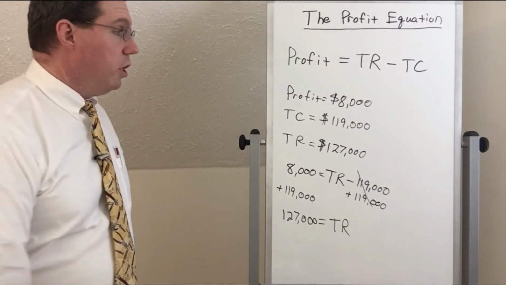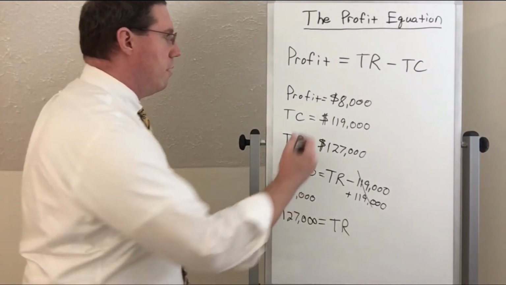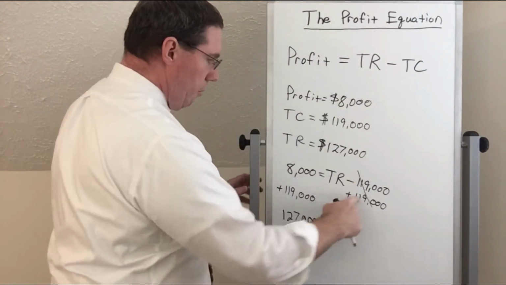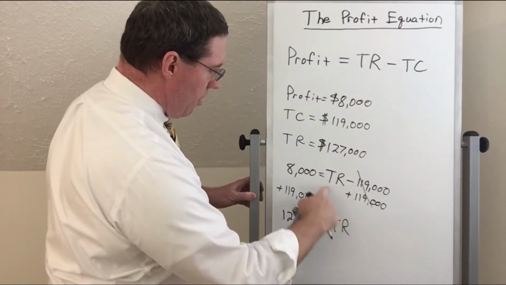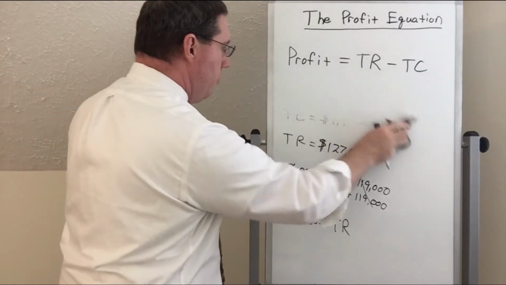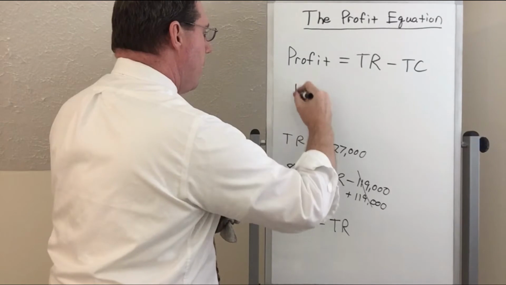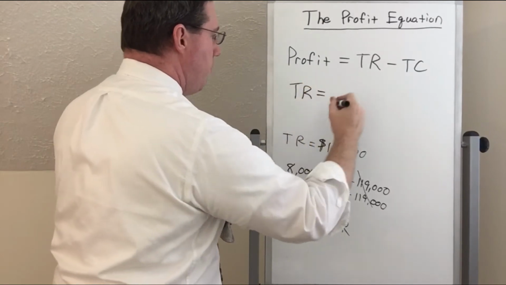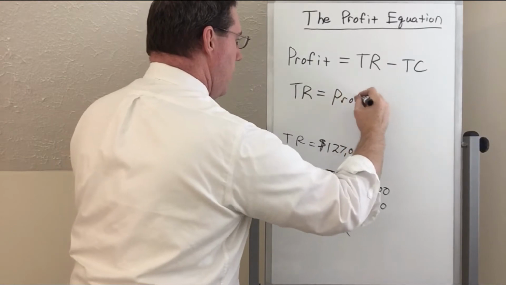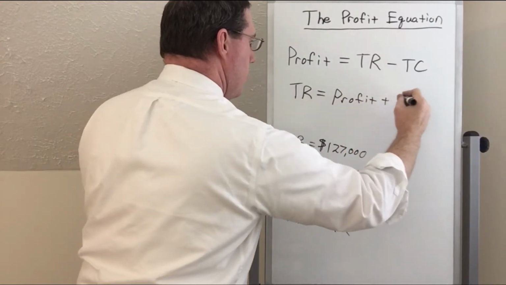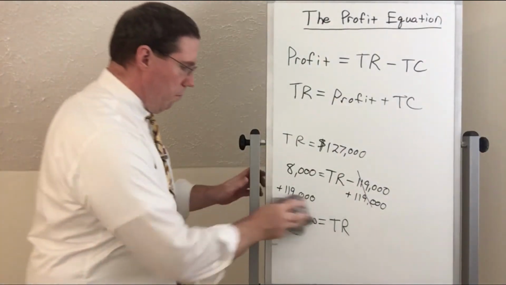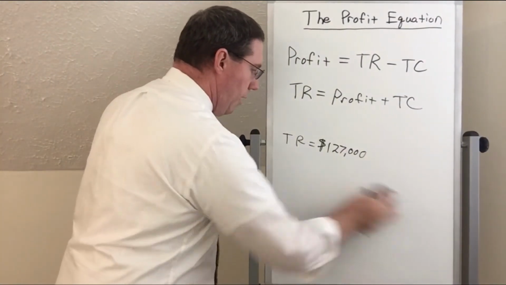Okay, and so what we could say, if we wanted to, is that total revenue is equal to profit plus total cost. So if you wanted to make a note, you could say that total revenue has its own formula, which is profit plus total cost. Okay?